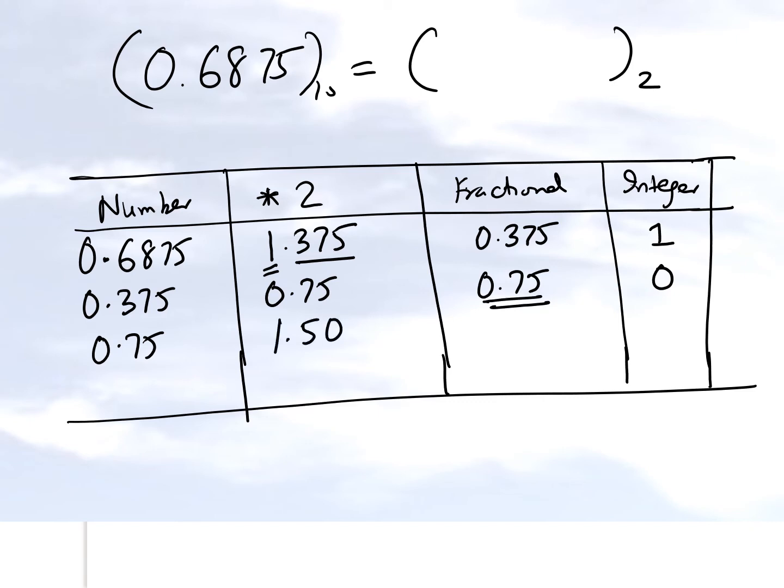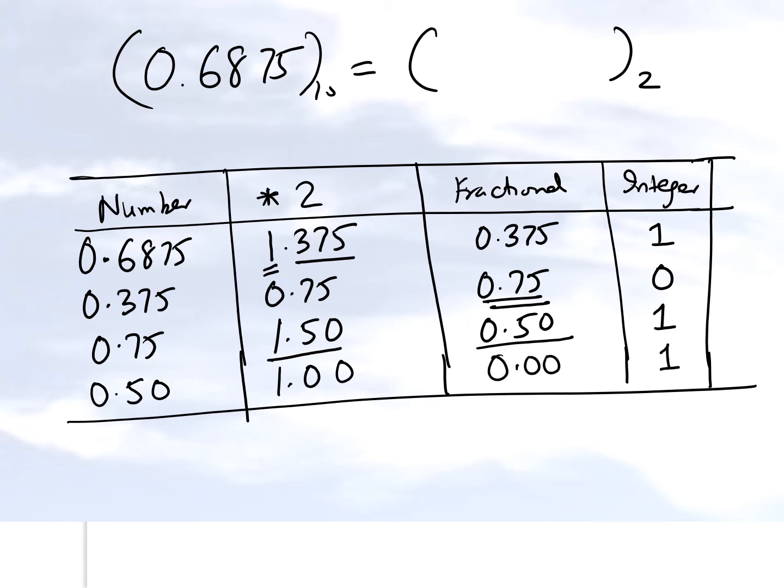So the fractional part is 0.50 and 1 is the integer part. Now I take this fractional part, put it here, and multiply by 2, I get 1.0. The fractional part is 0. The integer part is 1. So as soon as this fractional part becomes 0, you stop.